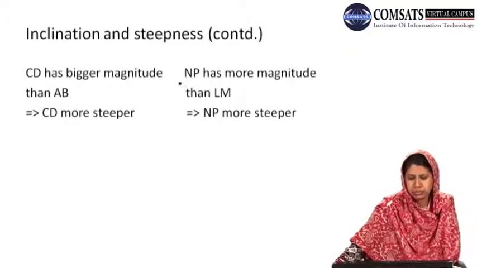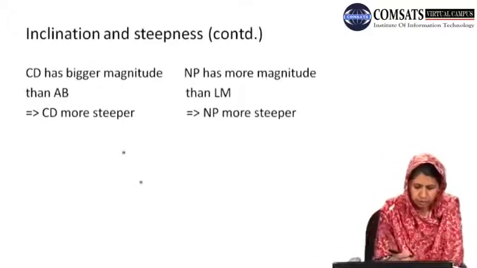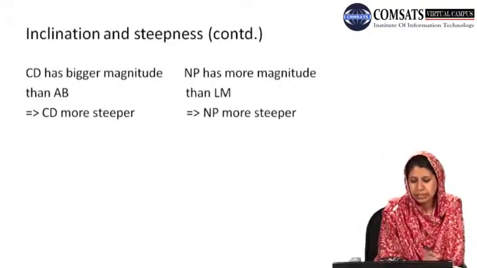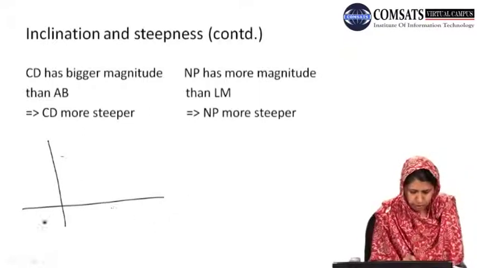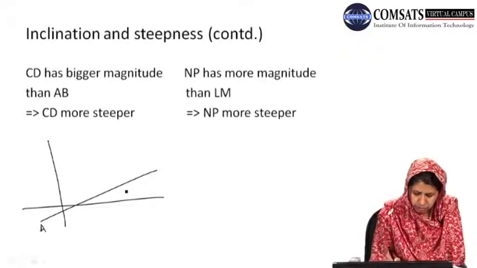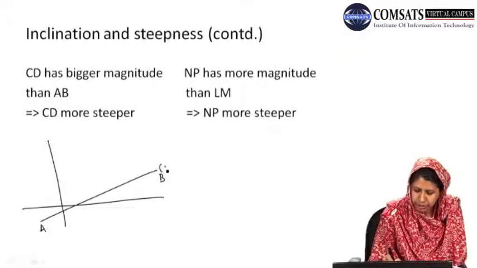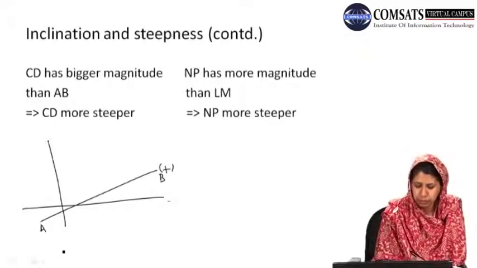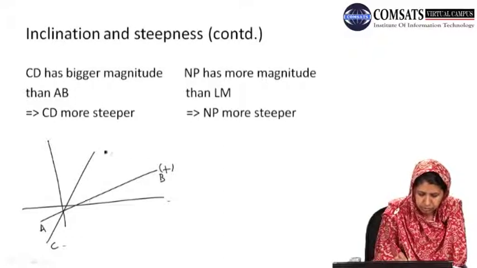Okay. Now, consider we have two lines, AB. I have drawn the line from left to right. Definitely the line has positive slope. Consider one more line CD having positive slope.